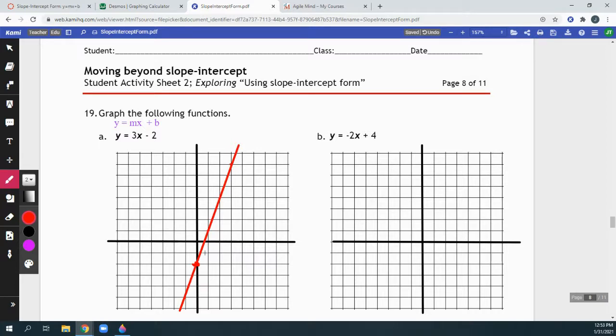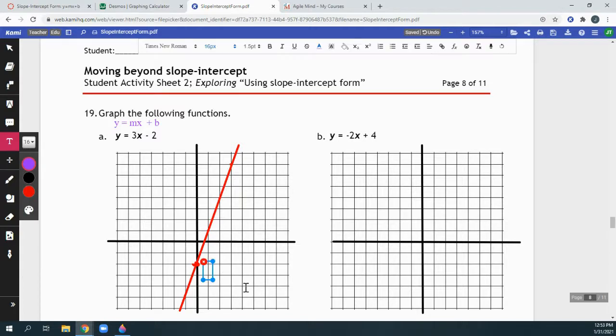Great. Okay, so here's what you can do. You can say, Control Z, I don't want to do that here. B equals -2.